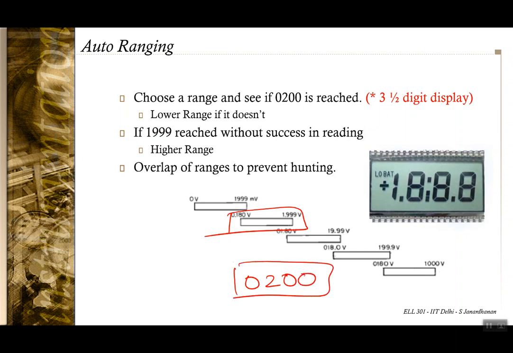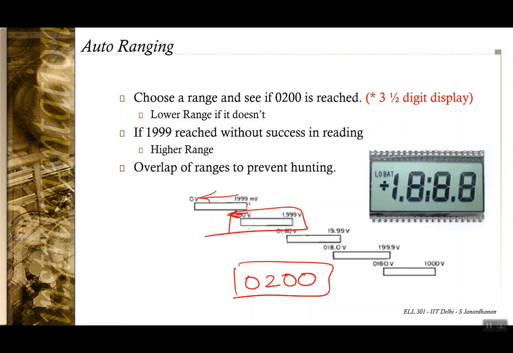If it is not achieved, then it is most probably less than this range, so it can go to the lower range.